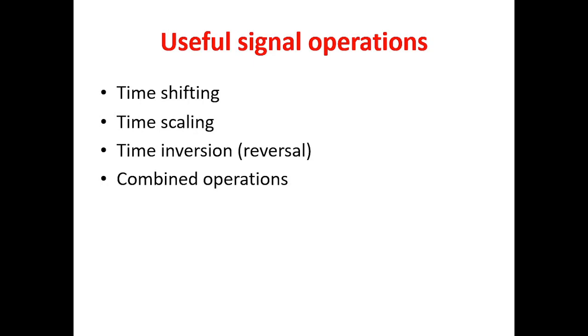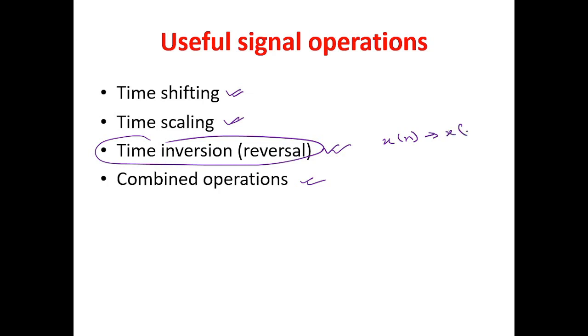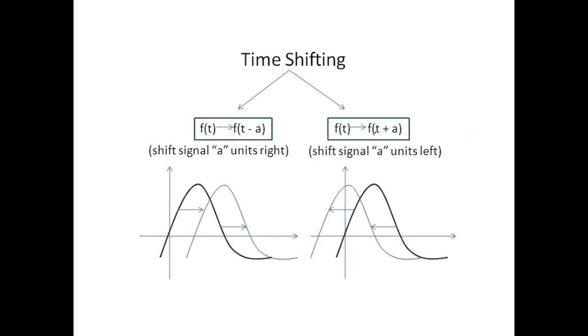So some of the useful signal operations: signal shifting, time scaling, time inversion, which is also regarded as reversal, and combined operations. Time inversion I have already told you. That means when you convert x of n to x of minus n. Now let us see what we mean by time shifting. So f of t to f of t minus a.